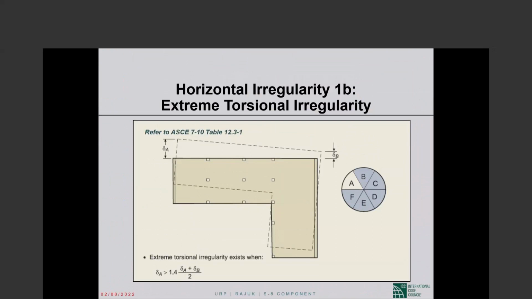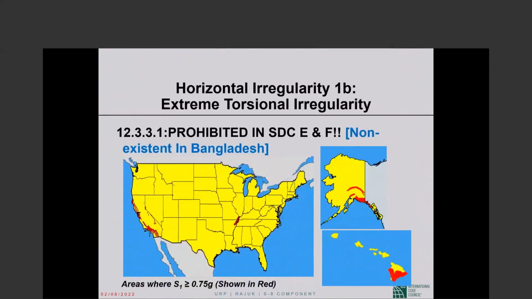Okay? We go from type 1A to type 1B. Now the maximum is more than 140% of average. This irregularity is prohibited in seismic design category E and F. You do not have that in Bangladesh, so you don't have to worry about it. But in near fault areas, this is simply not allowed to be built.